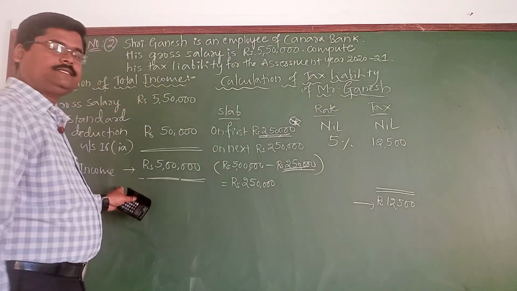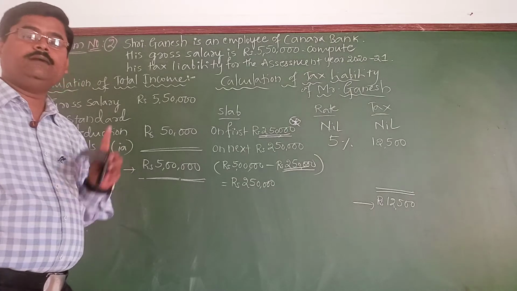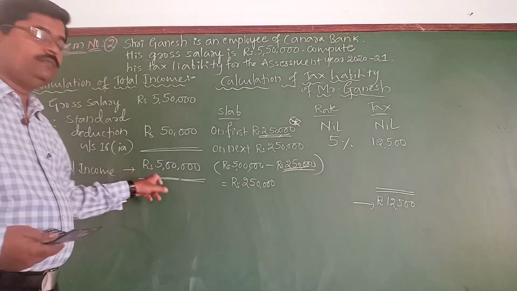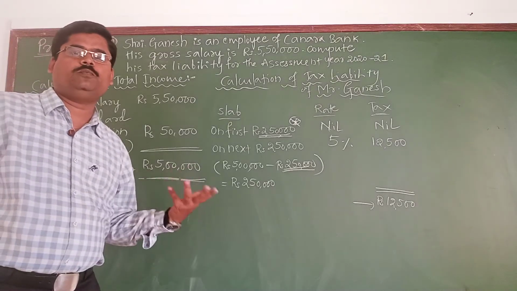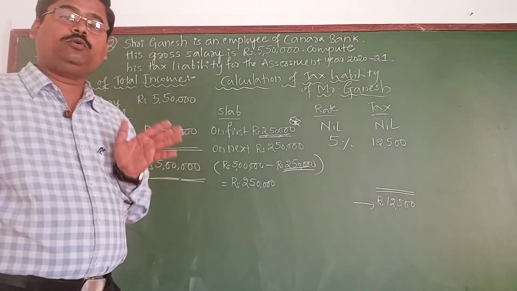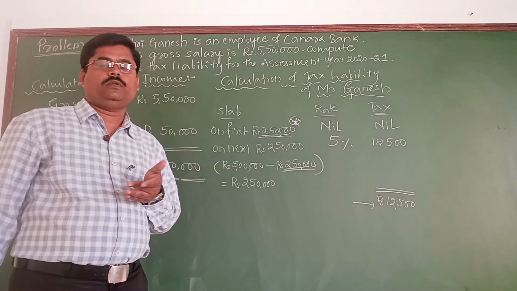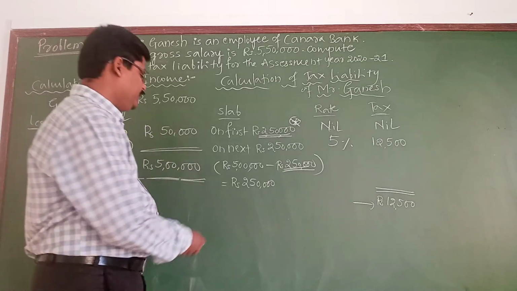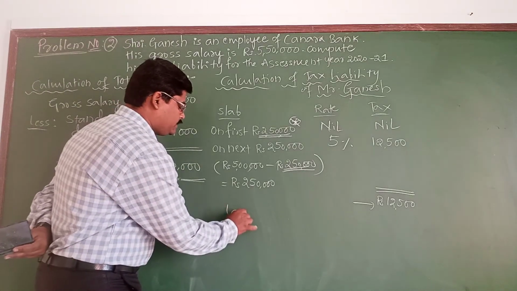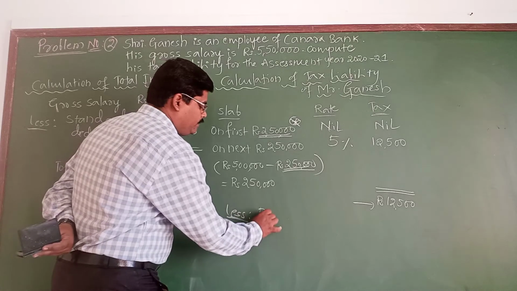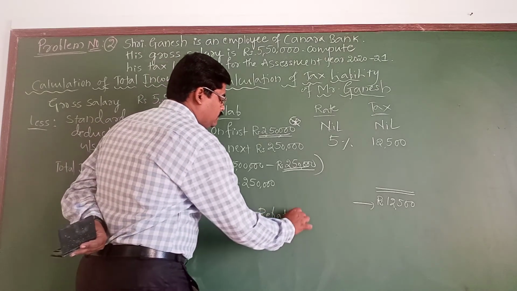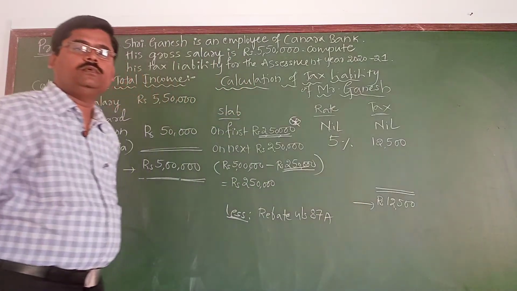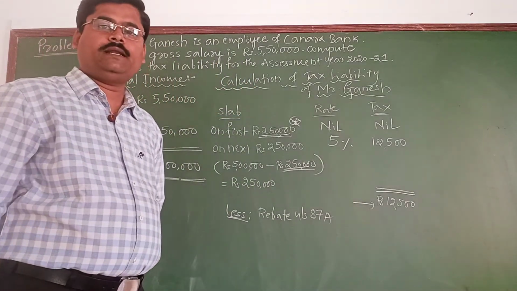And the next step is that when total income does not exceed rupees 5 lakh, what is my total income? 5 lakh only. It has not exceeded rupees 5 lakh. That is fine. Up to 5 lakh, I can claim the rebate under section 87A. Less: rebate under section 87A. What is the maximum amount of rebate that I can claim?